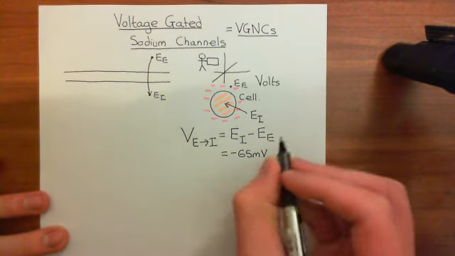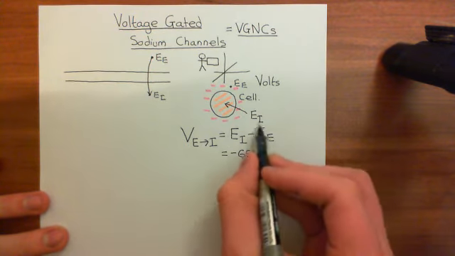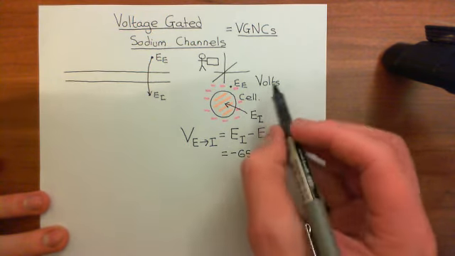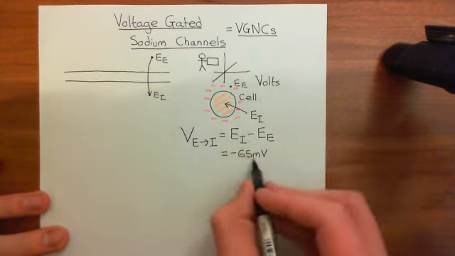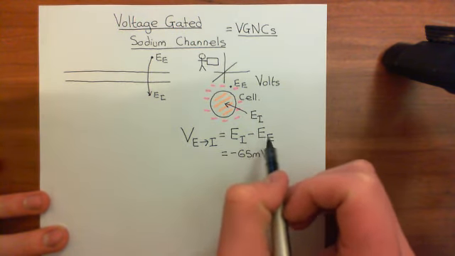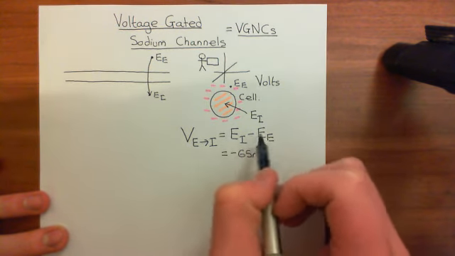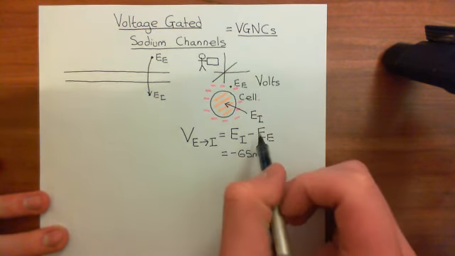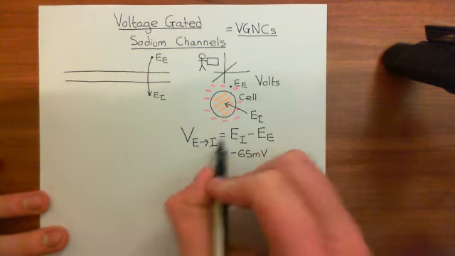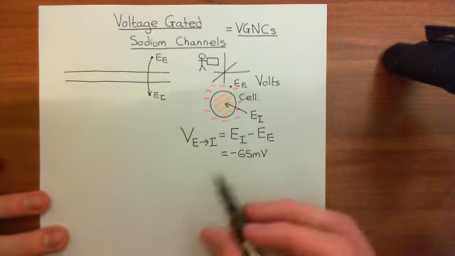The first thing to discuss is that the units of electrical potential difference are the same as the units of electrical potential. This is millivolts, which just means a 1,000th of a volt. That makes sense because all we're asking is a difference between two electrical potential values, and of course that will be measured in the same units as the original values. So voltages are also measured in volts.